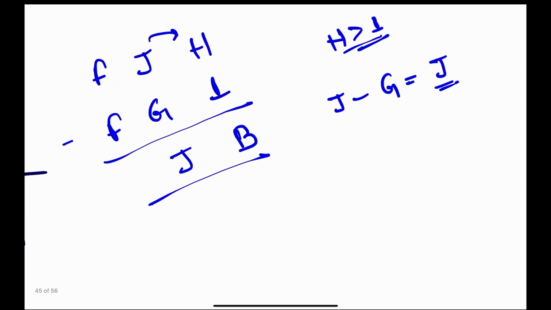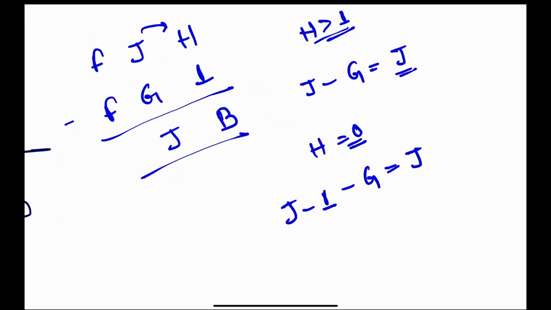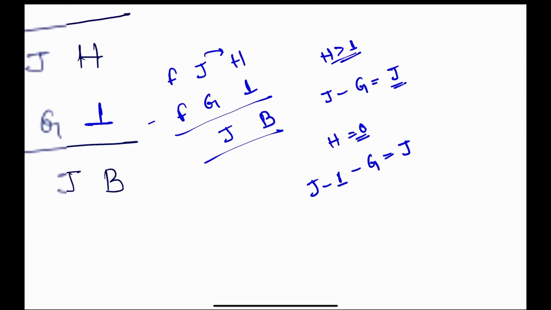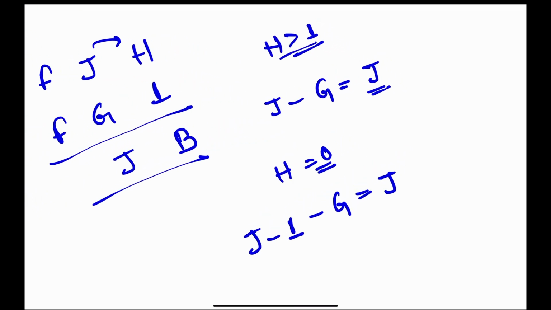But there is one more possibility. If H is equal to 0, what will happen? J minus 1, because to subtract 1 we will take one carry, and that carry will be minus 1, so J minus 1 minus G will be equal to J, right? This is a possibility.